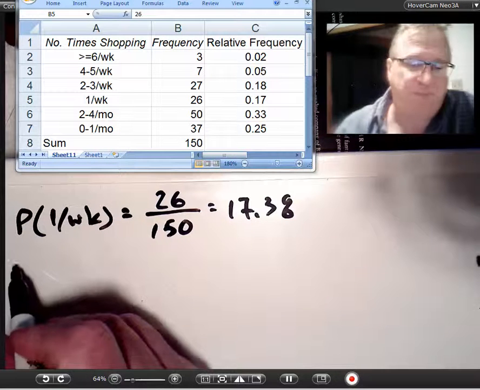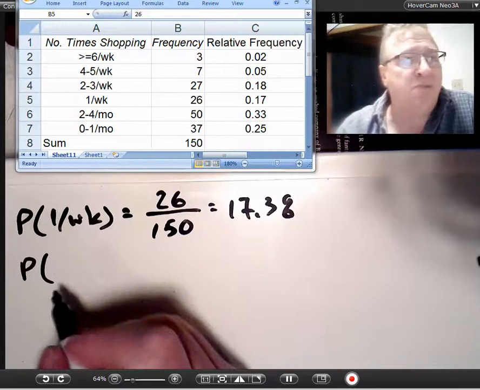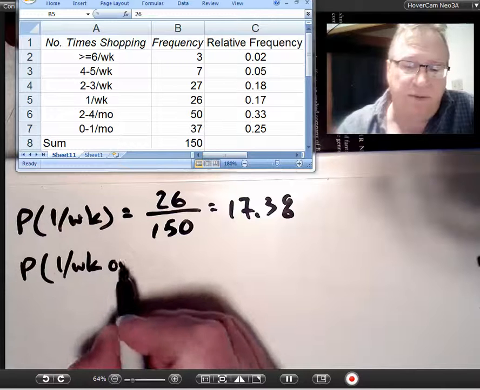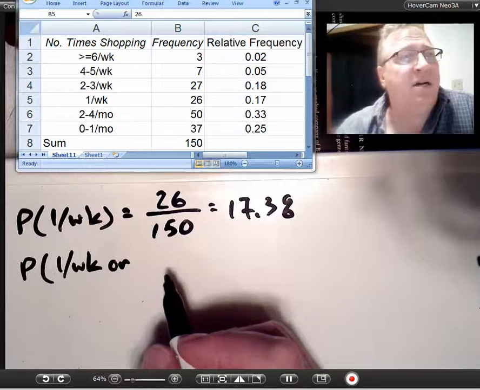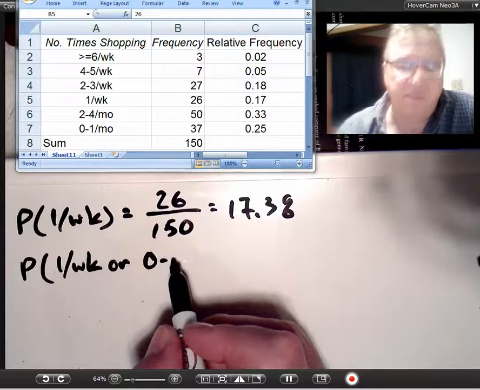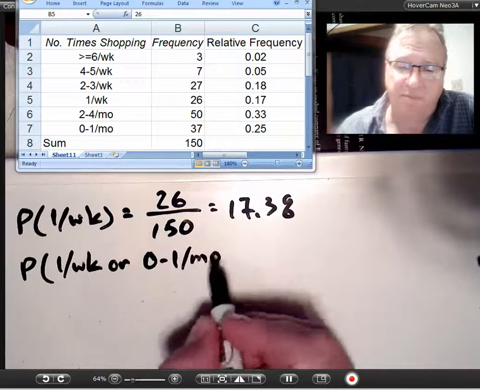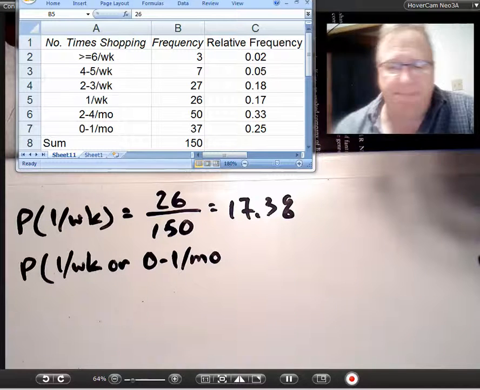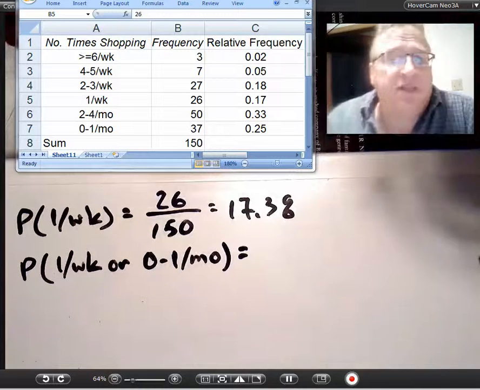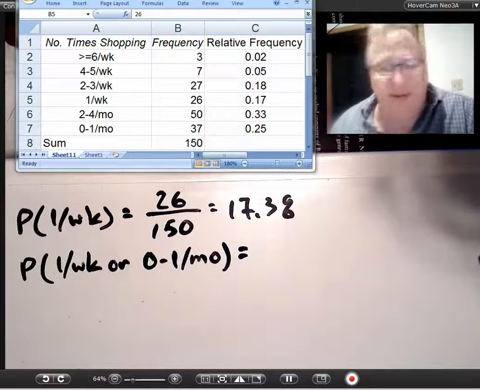Okay. How about the probability that they go once per week or 0 to 1 times per month? Well, isn't this like the die where we were looking for a 4 or 6? Yes, it is. We can simply add values from our table.